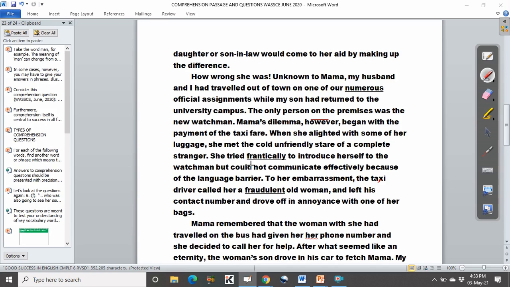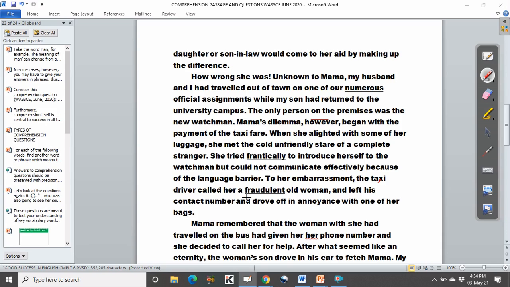She tried frantically. A word that collocates with it: she tried hard, she tried seriously, she tried as much as she could. You'll be able to contextualize and the replacement will come naturally. So this is the appropriate method to answer this type of comprehension question.